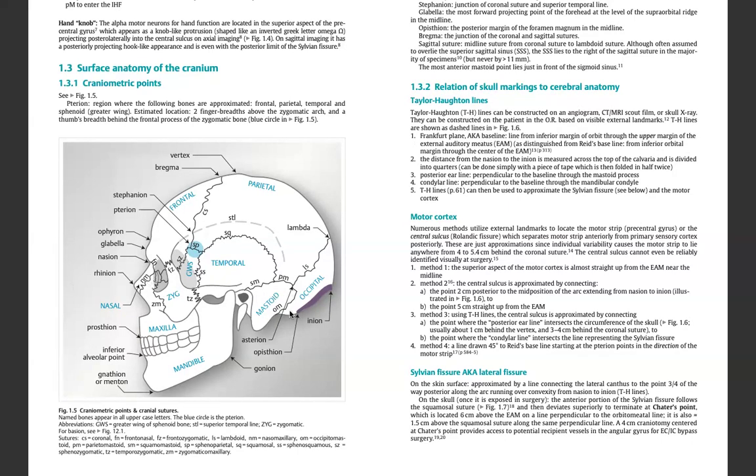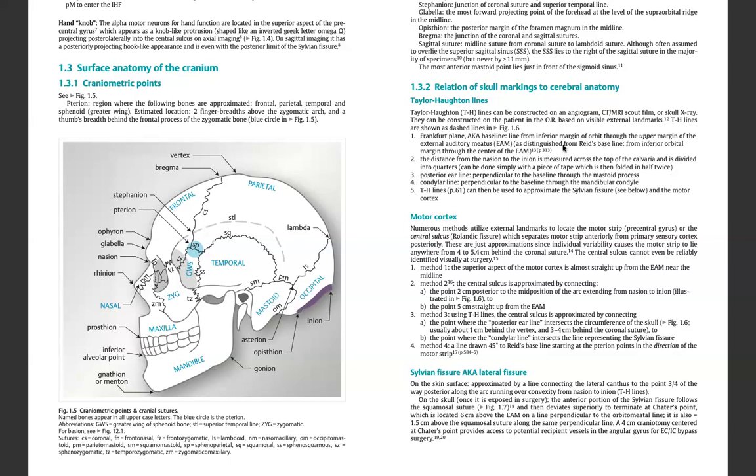And usually they use the Frankfurt plane to orient the patient so that the slices of the CT and MRI correspond to that Frankfurt plane. And they call it the baseline, of course.